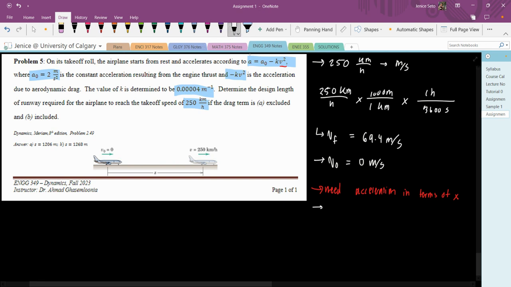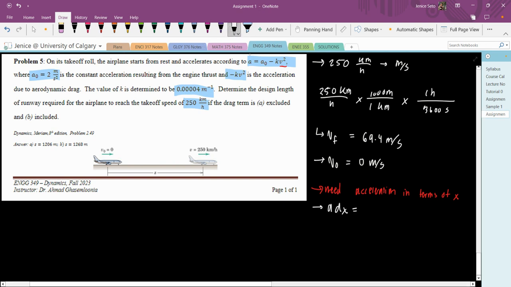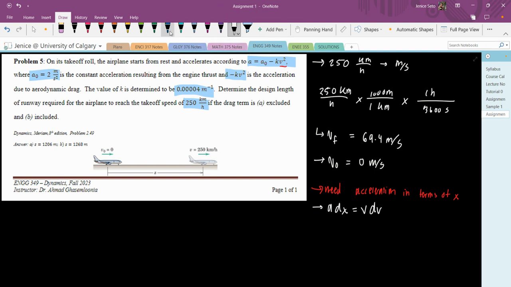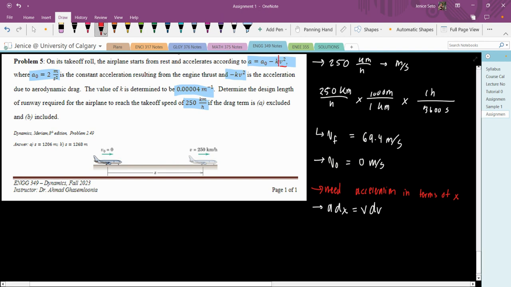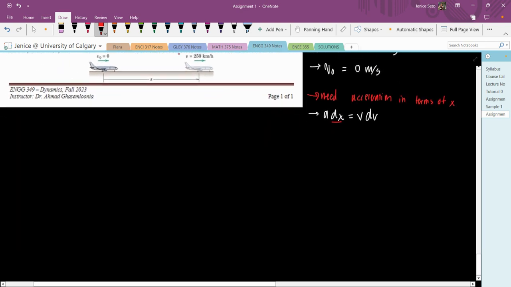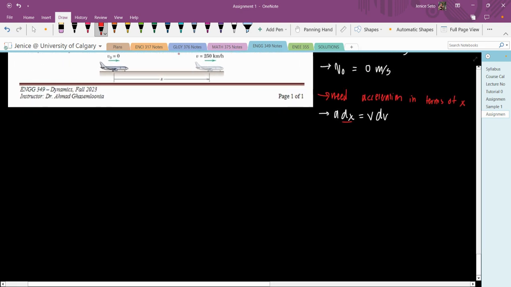We can use that form from our previous question, a dx equals v dv, because our velocity exists as the variable in our acceleration, and we are looking to transform into x.